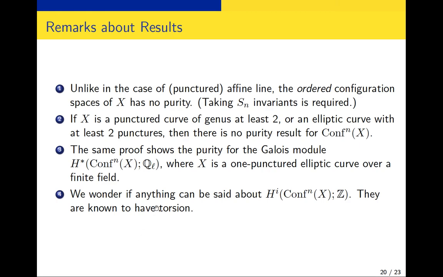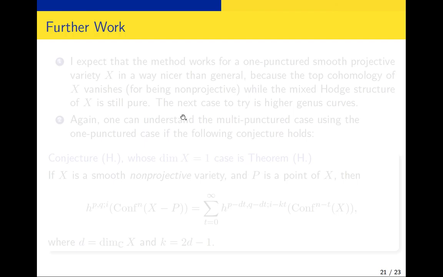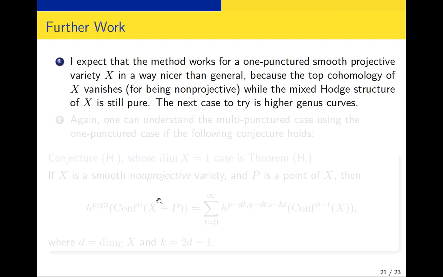We wonder if anything can be said about Z coefficients. The known results are that they have torsion. So indeed, more care has to be taken. In further work, I expect that the method works for a one-punctured smooth projective variety in a way that is nicer than general, because the top cohomology vanishes in this non-projective case while the mixed Hodge structure is still pure.